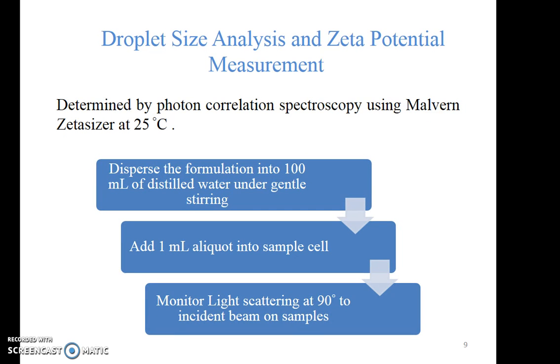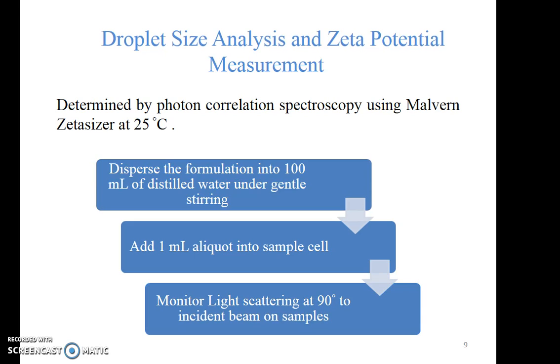Next evaluation test is droplet size analysis and zeta potential measurement, which are very important tests for SMEDDS. That is determined by photon correlation spectroscopy using Malvern Zetasizer at 25 degrees Celsius. This is one single instrument which gives us both the readings for droplet size as well as for zeta potential.